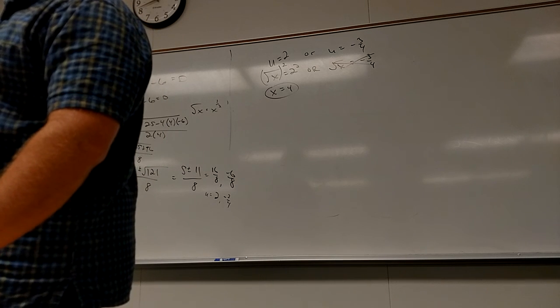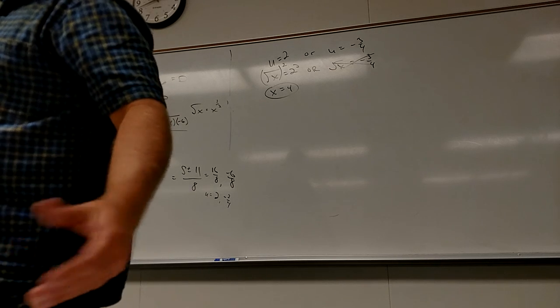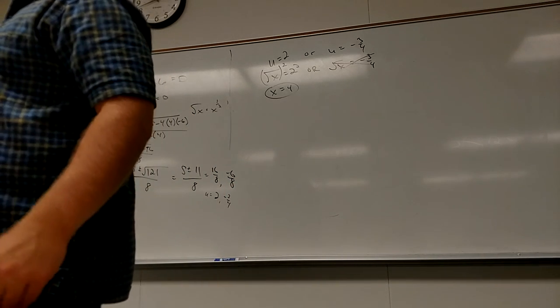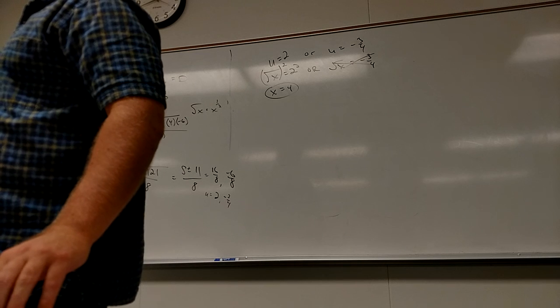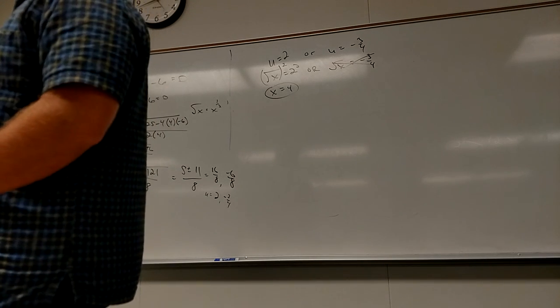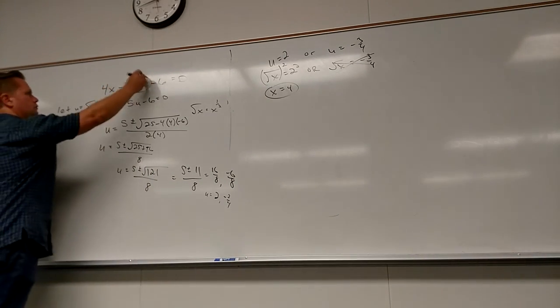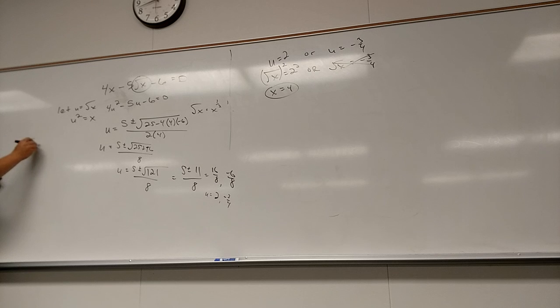Can we do one that's not u substitution? None of them have to be u substitution. You don't have to use it. Here, instead of putting u, I could have just said square root of x equals all the stuff I just did.